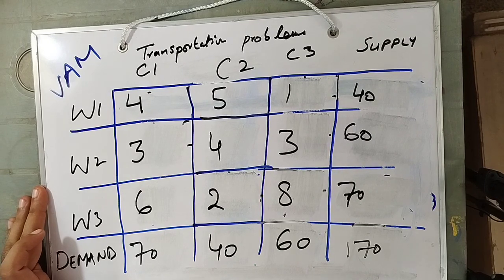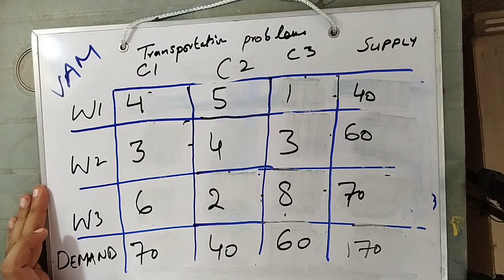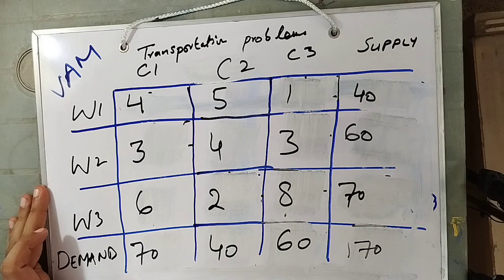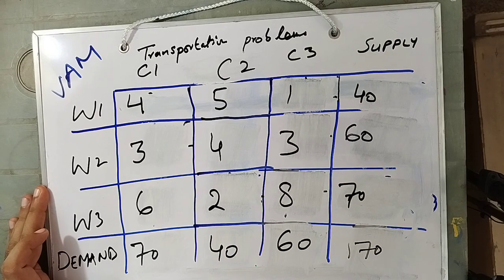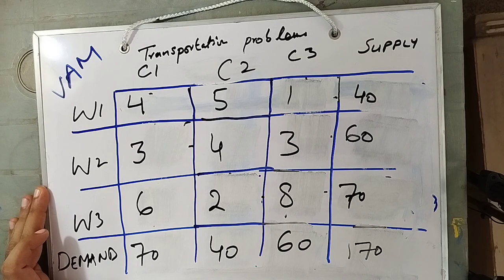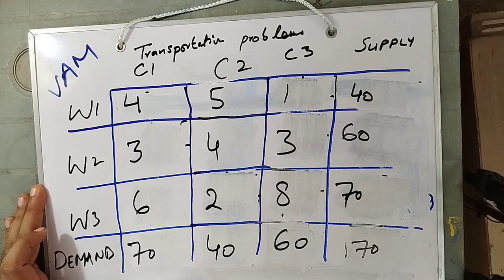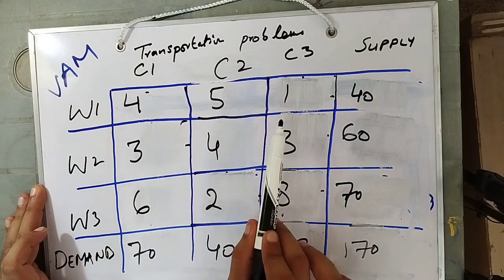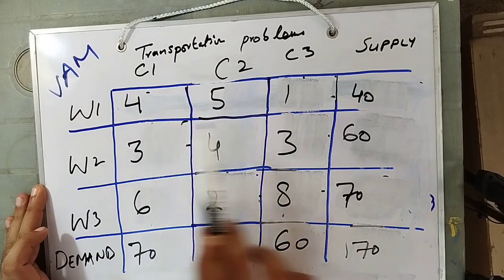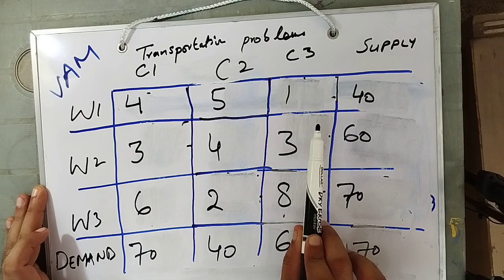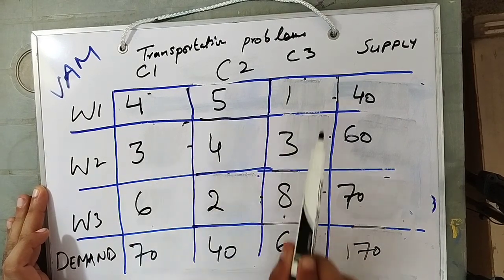Now, what is the first step? First step is to find the penalties. So what is penalty? Penalty is the difference between the costs of the warehouse 1 to different customers.